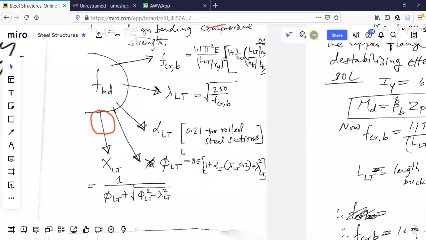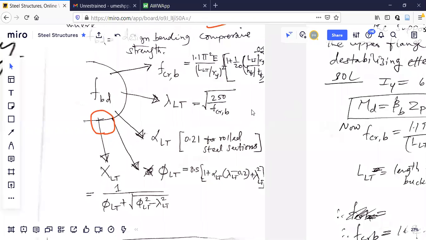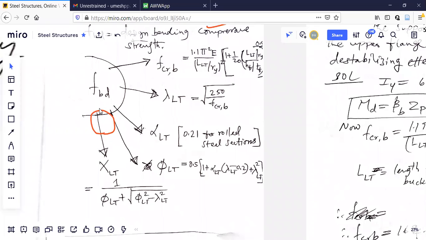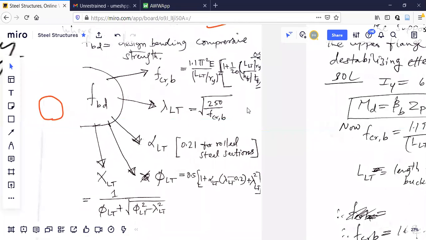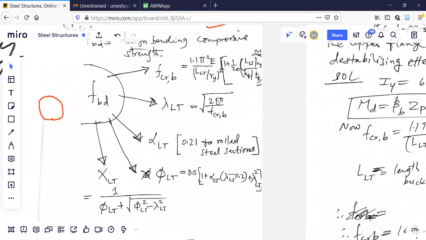Again, why I have shown like this is, why it is shown in this order only. The reason is you cannot calculate alpha LT before FCRB, because you see this alpha LT, I mean gamma LT. Gamma LT is square root of 250 by FCRB. Whatever value is here, this FCRB has to be substituted here.